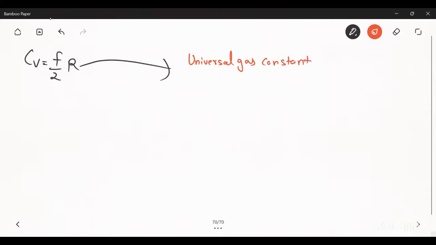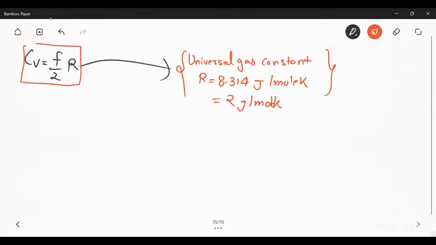The value of R is 8.314 joule per mole Kelvin, or it can be written as 2 calorie per mole Kelvin. So this is the relation between Cv and R: specific heat at constant volume is f upon 2 times R.